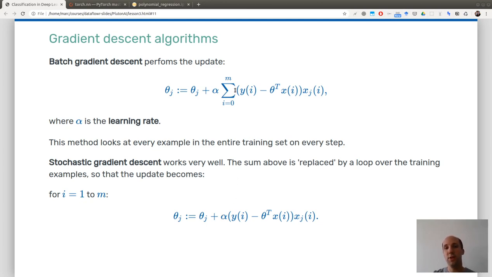So the only thing you are doing is removing this sum here and just fixing the sample i in this expression. And this gives you this formula with a new update for your gradient. Now, each time you have a new sample, you make an update of your parameters, and you go over all your dataset. This is why there is a for loop here, in order to look at all the samples in your dataset to make an iterative update of your parameter theta.